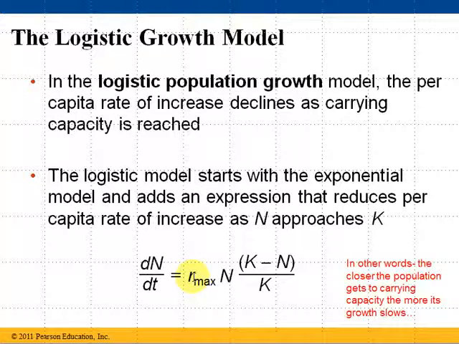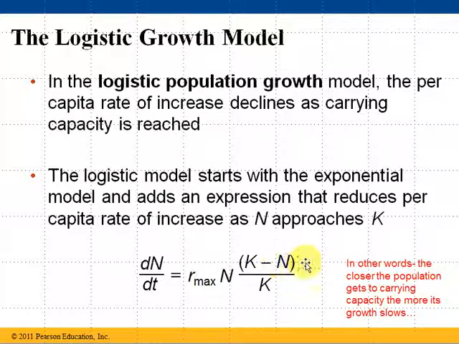The logistic model starts with the exponential model, and it adds in an expression that reduces per capita rate of increase as N approaches K. So basically, we would look at the exponential model, but we add in this portion here that shows the reduction in r as you get closer to K, which is carrying capacity.